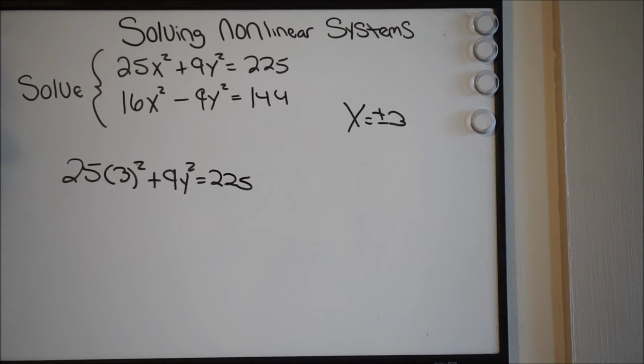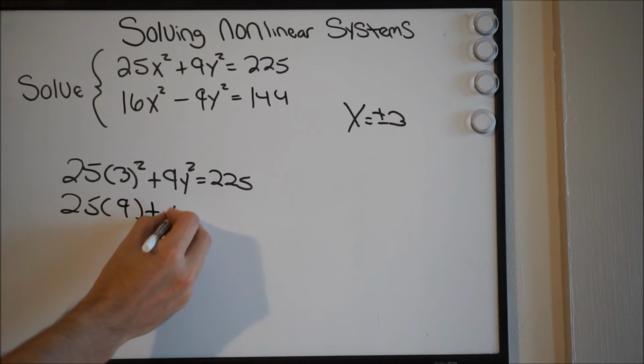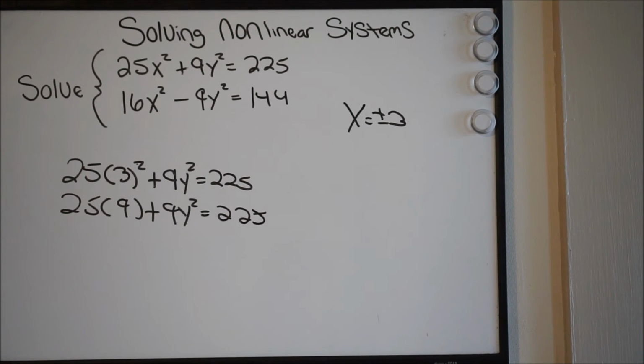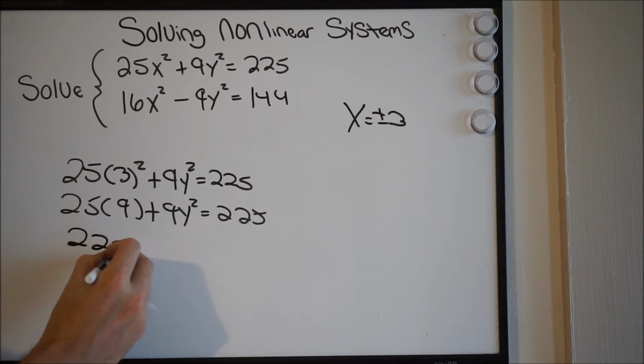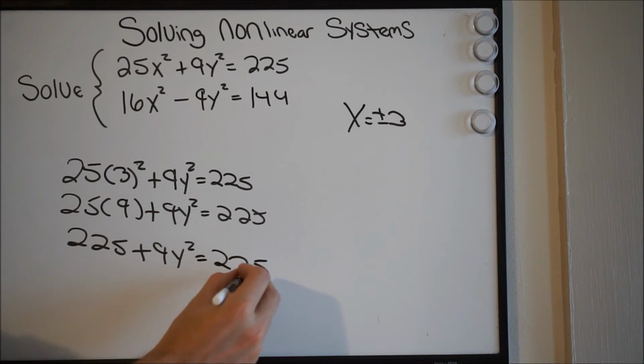I'm just plugging it into that first equation. 3 squared is 9, so we get 25 times 9 plus 9y squared equal to 225. 25 times 9 is 225, so we get 225 plus 9y squared equal to 225.